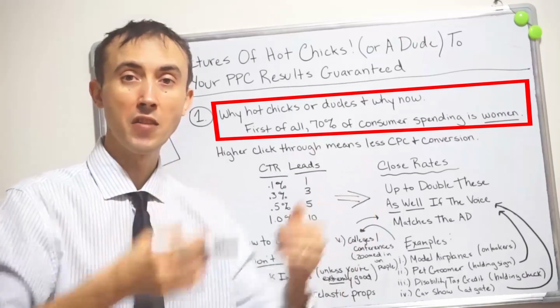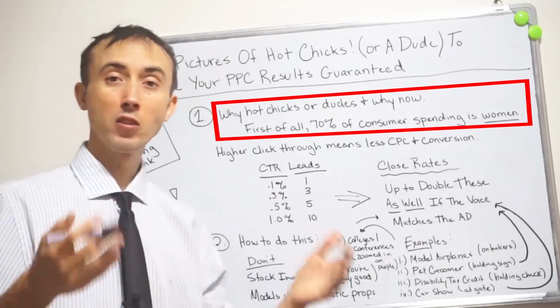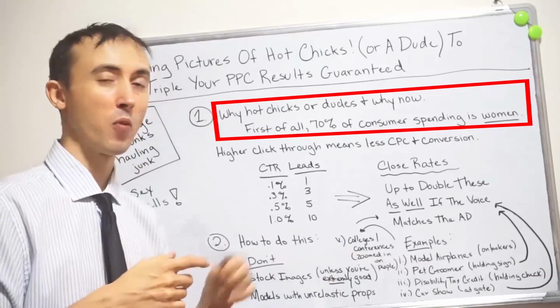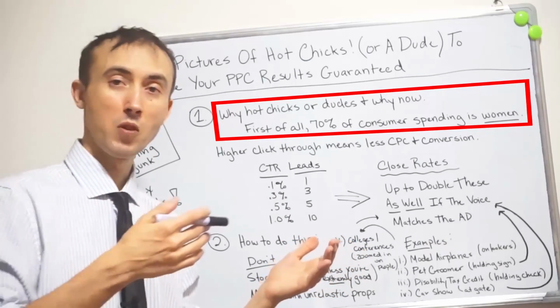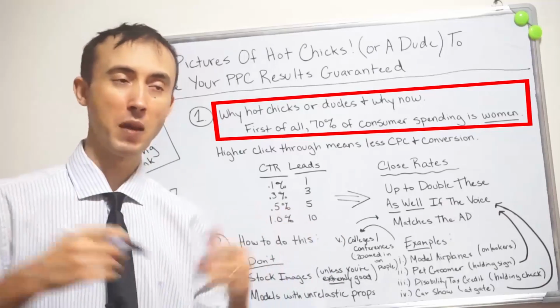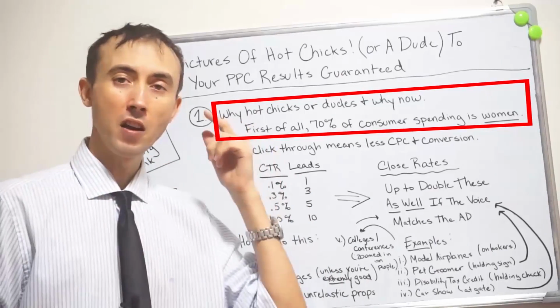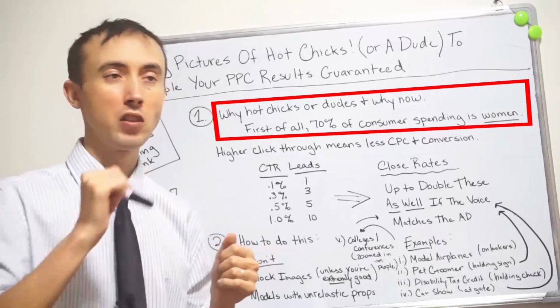Also, by the way, another quick example here before I get into the strategy. On YouTube, people obviously use pictures of hot chicks all the time as clickbait and stuff like that. But apart from that, there's actually a part of your brain that is dedicated to identifying, paying attention to, and noticing human faces.